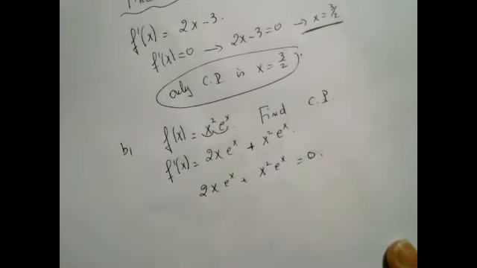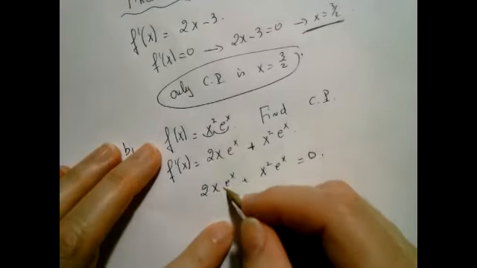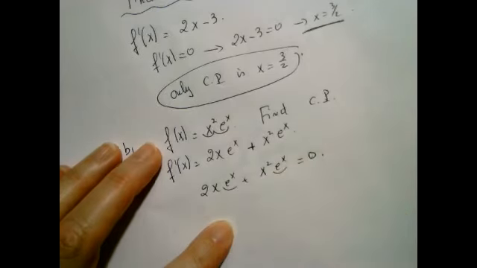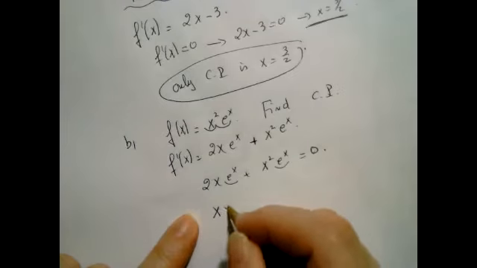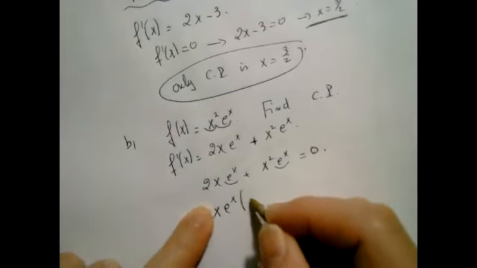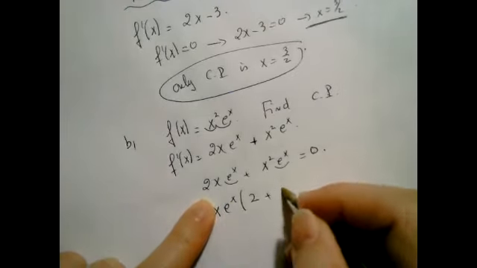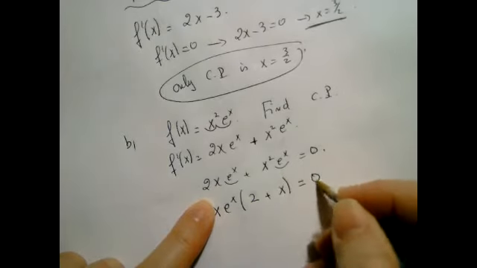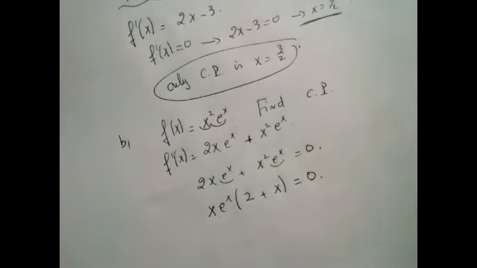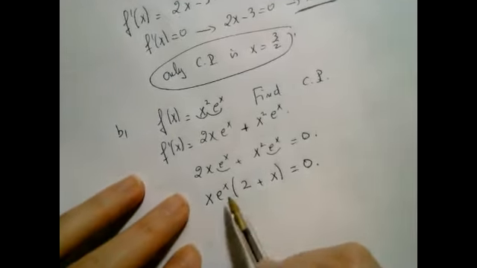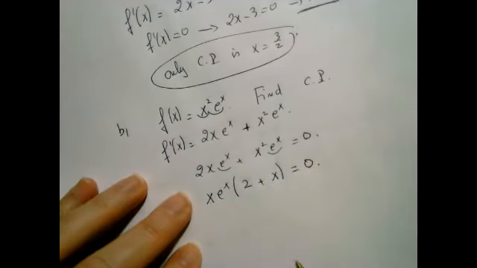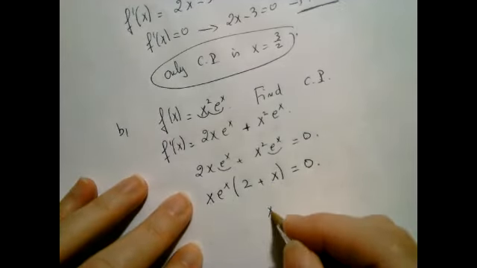I have to solve, and I told you several times, the key to solving is factoring. The term that is easy to factor here is x e to the x. I factor it and get x e to the x times 2 plus x equal to 0. So to solve, we usually try to factor. When does this occur? If the product is 0, one of the terms is 0. So that gives me x equal to 0.